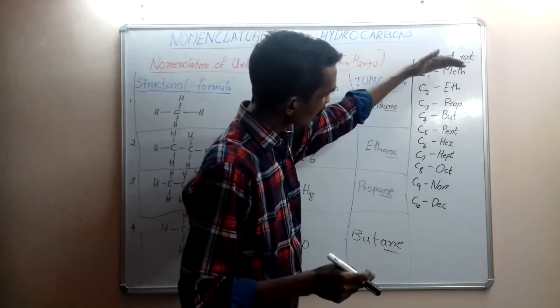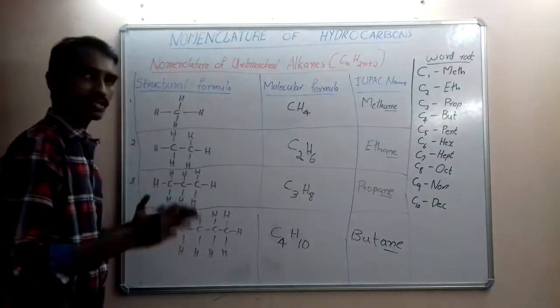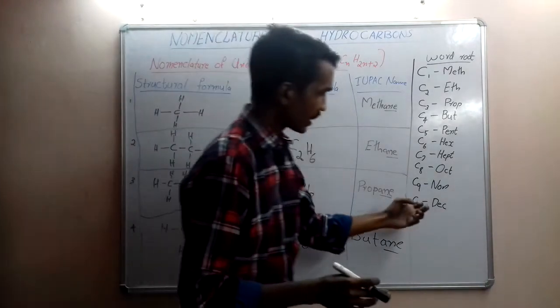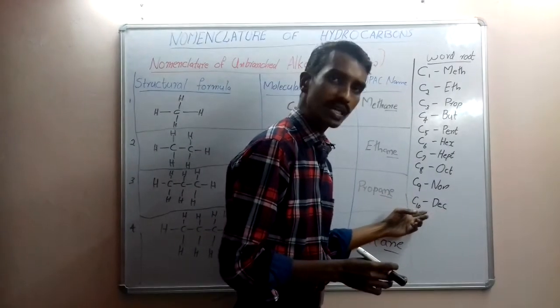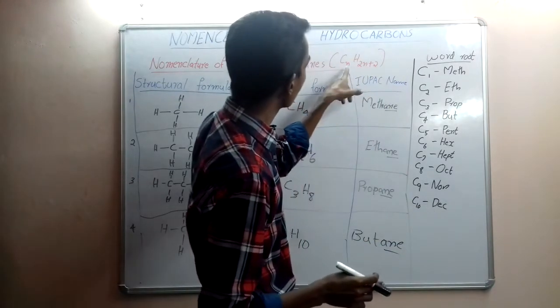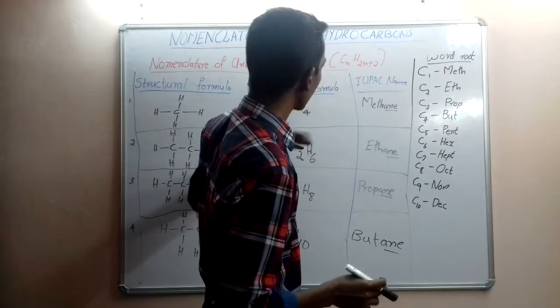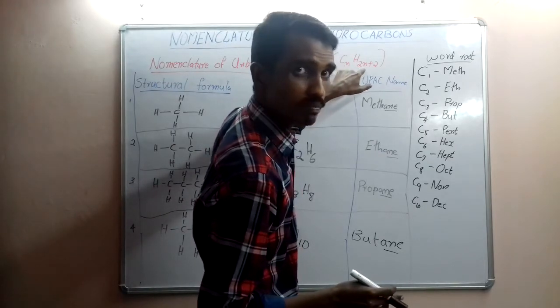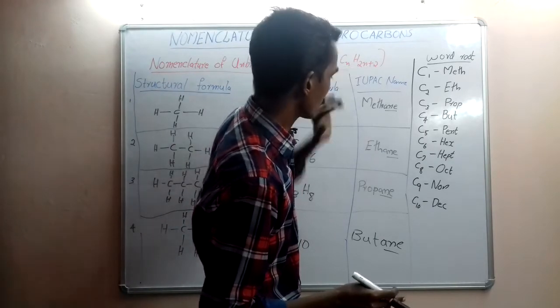Likewise, all the elements of hydrocarbons are written. Okay, when 10 carbon atoms are there, the molecular formula is C10. 2 into 10 is equal to 20 plus 2 is equal to 22.